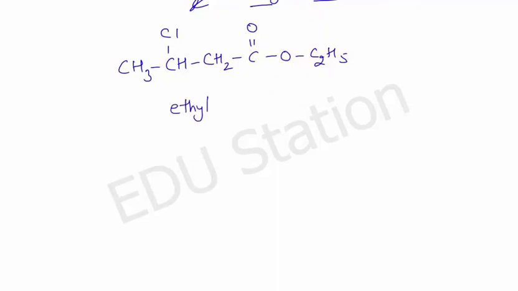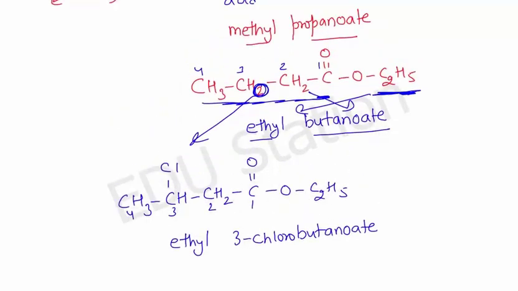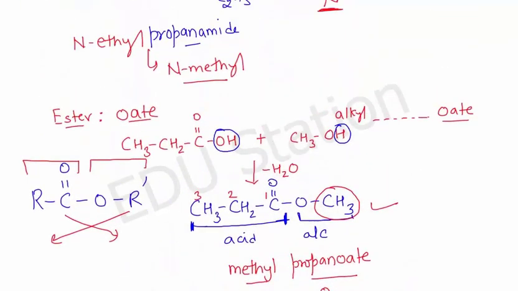Everything in the middle and at the end you will have oate. So 1, 2, 3, 4. You will say 3-chloro, but, and oate. So in the beginning when I told you the generalized name, it is alkyl, which comes from an alcohol, everything in the middle, whatever remains, and at the end you will write oate.